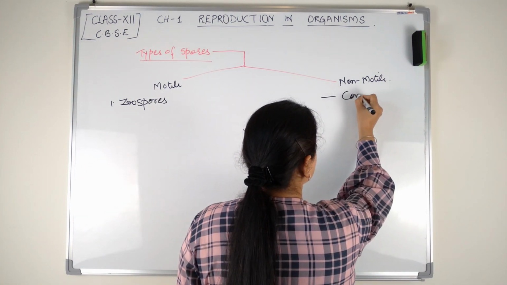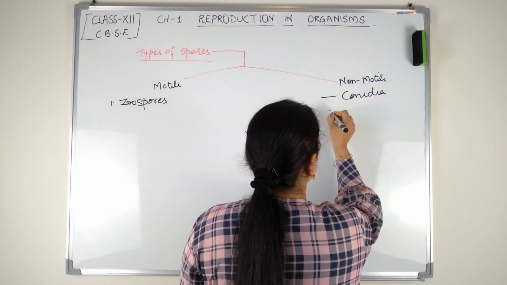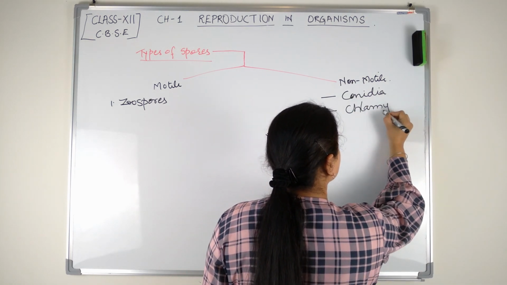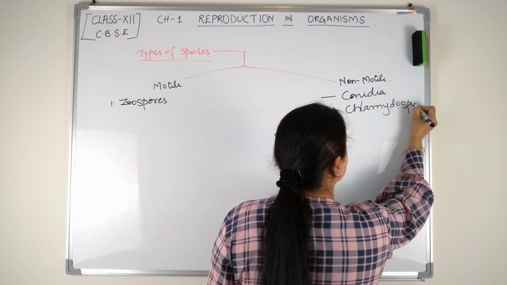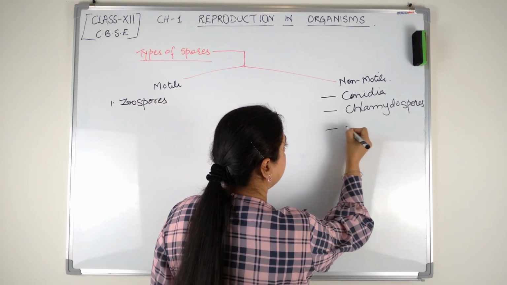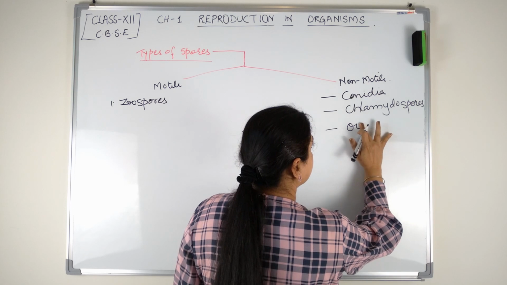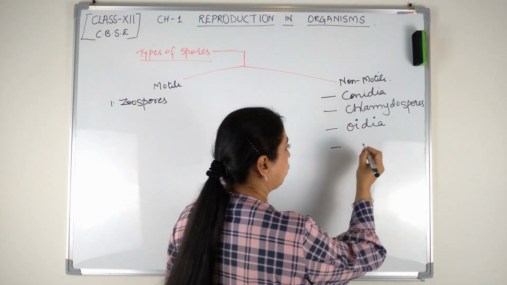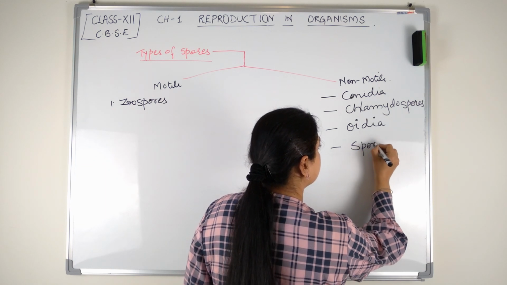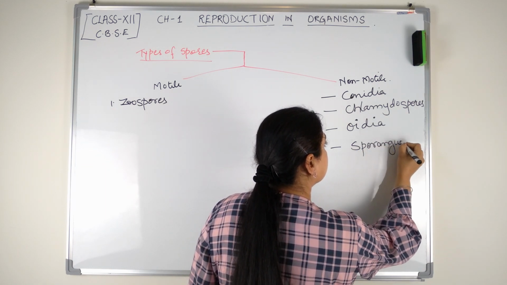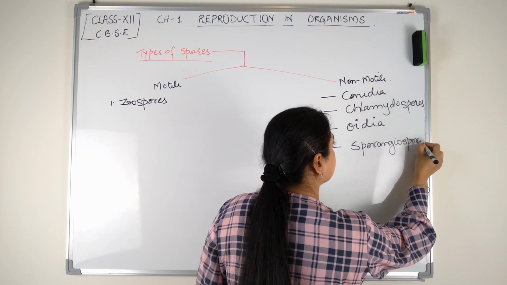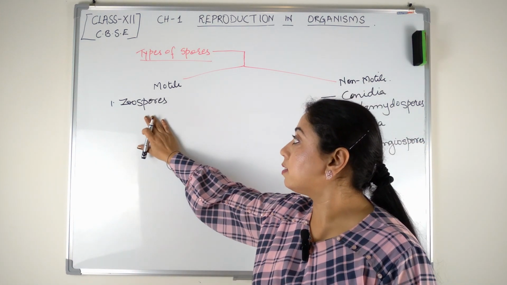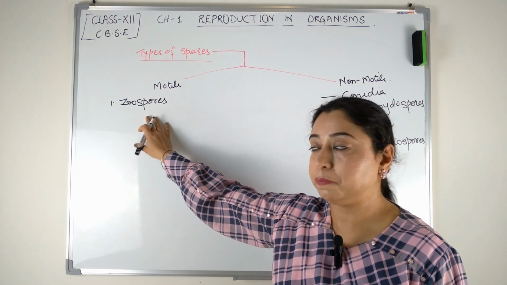We have conidia, we have chlamydospores, then there is oidia, and the last one, sporangiospores. Right? So let's discuss the zoospores first.